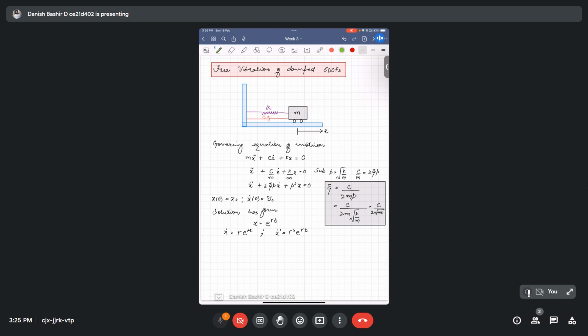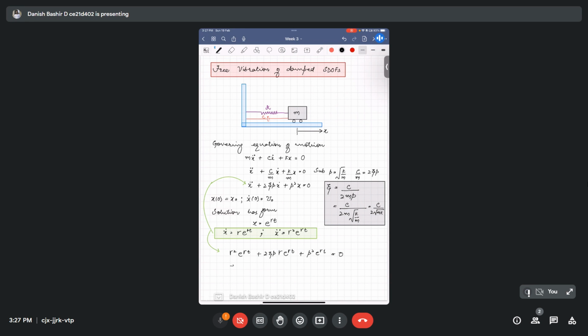When we substitute these things back into this simplified equation, we will obtain r square e power r t, plus twice theta p r e power r t, plus p square e power r t, equal to 0.